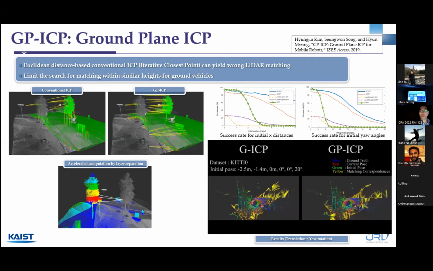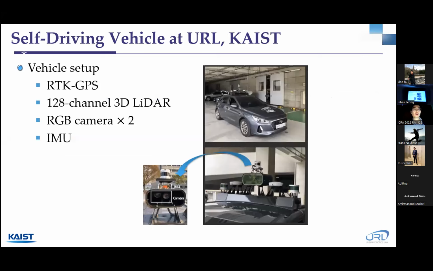So by introducing this GPICP, you can reduce the computation time and also enhance the success rate. As you can see, we have succeeded, but ICP, generalized ICP, fails in this situation. And we are also making a self-driving vehicle. In our lab, we installed the RTK GPS and 3D LiDAR and 2 RGB cameras and IMU.